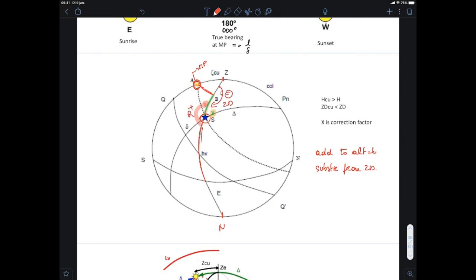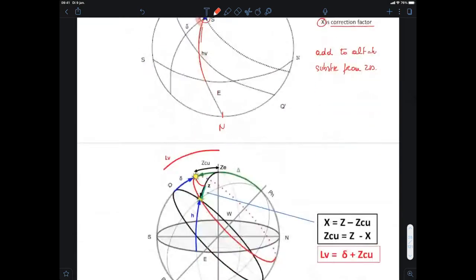Voilà. That is because the altitude at culmination is at its maximum, so it will be bigger than the altitude just before culmination, and the zenithal distance at culmination is at its minimum, so it will be bigger just before culmination. And so x here is your correction factor.